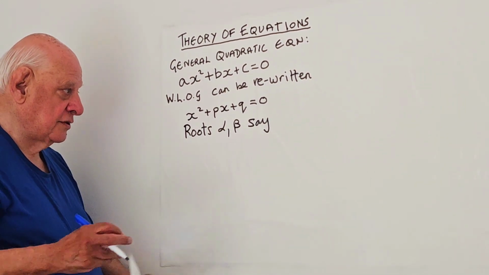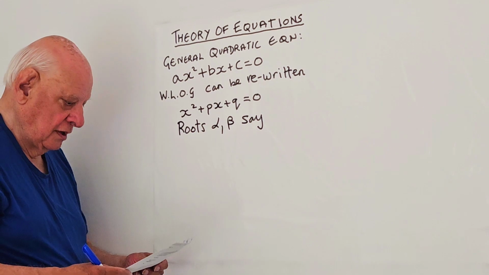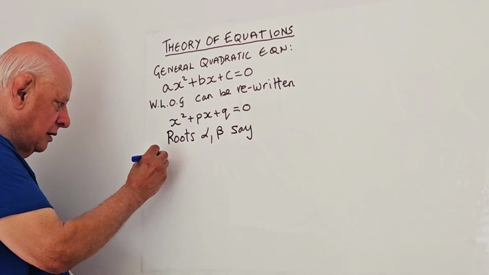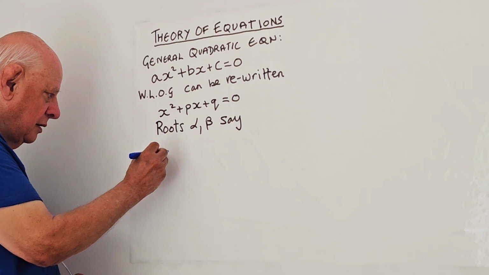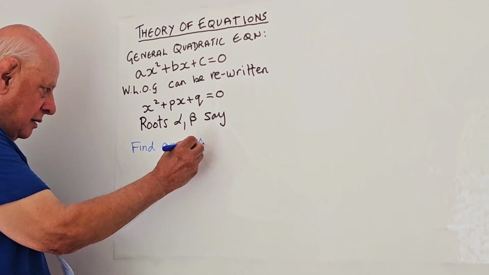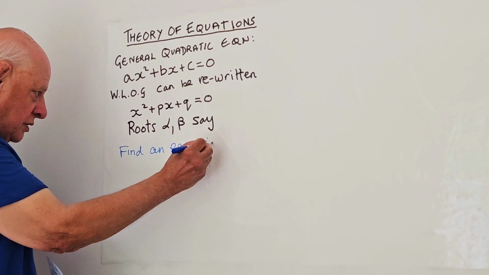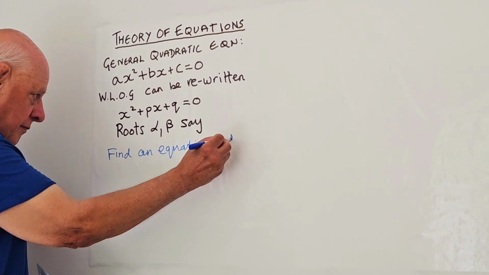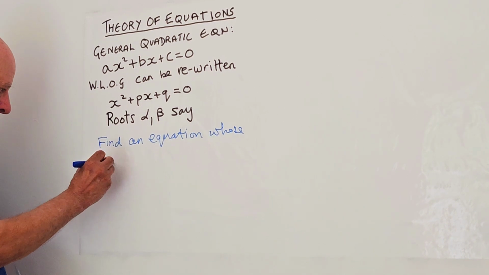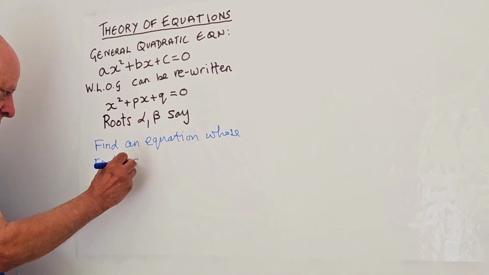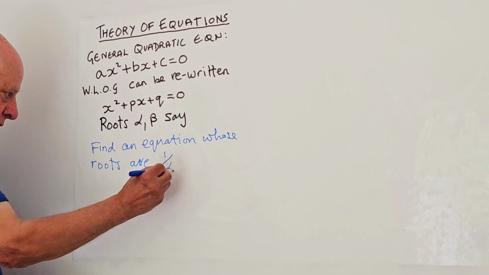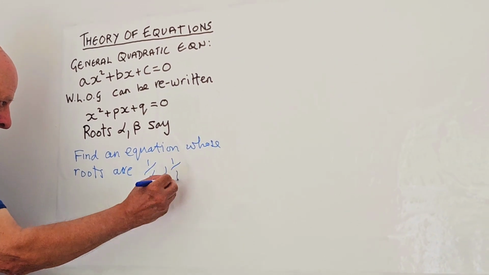And we'll say that its roots are alpha and beta. First thing you want to do is find an equation whose roots are the reciprocals of those, 1 upon alpha and 1 upon beta.